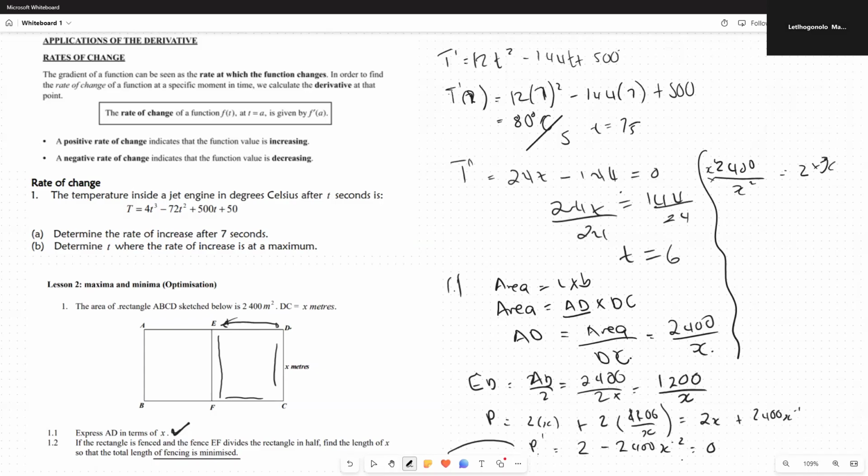Multiply both sides by x squared, then we'll get 2x squared is equal to 2,400. We'll divide both sides by 2, we get that x squared is 1,200, and we'll square root both sides. The square root will give us 20 square root of 3, or we will get 34.6 meters.